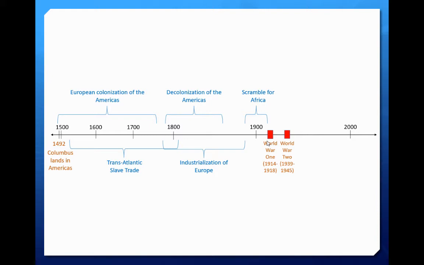And as these empires desired more and more land, they were running out of land to colonize, and they ended up fighting with each other, and this turned into a really big bloody war that we call World War One. And then there was a brief period of time between World War One and World War Two, and by the end of World War Two, nations were interested in finding new ways of structuring the global economy.